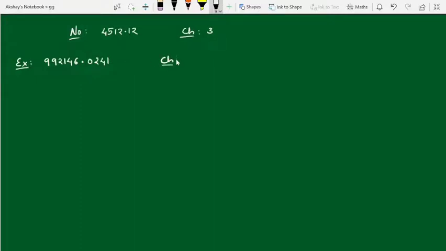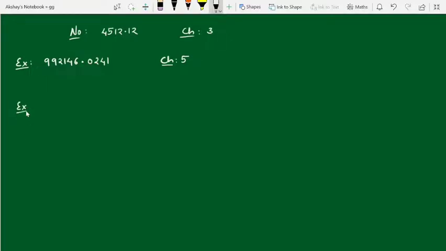Can you tell me? Identify the decimal point, count how many digits are present on the left of the decimal point. How many digits do we have? 1, 2, 3, 4, 5, 6. So 6, decrease the value by 1, 5. So 5 is the characteristic of this number.